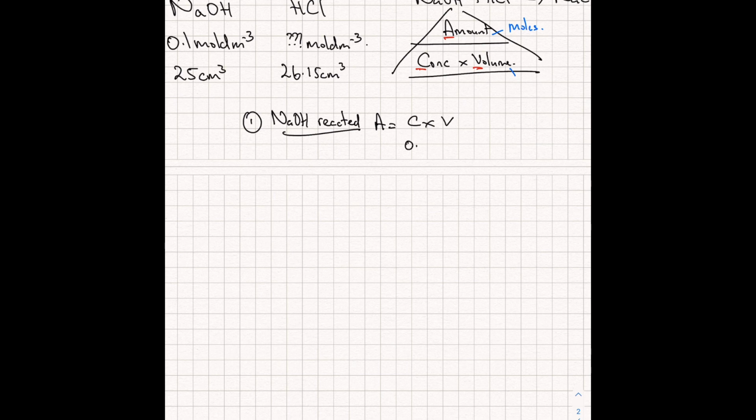The concentration is 0.1 and the volume is 25 centimeters cubed, but we have to remember to divide that by 1,000, because concentration is measured in decimeters cubed and this is centimeters cubed, so we convert by dividing by 1,000. On your calculator, you get 2.5 times 10 to the power of minus 3 moles, and that's the moles of the sodium hydroxide that have reacted.